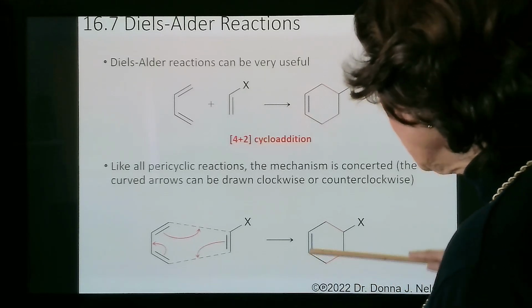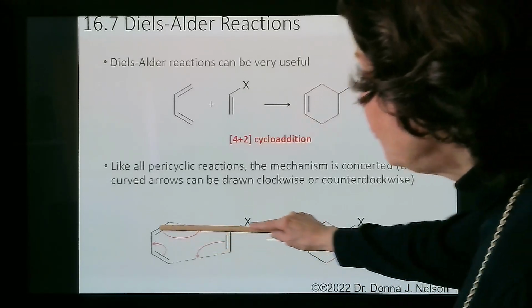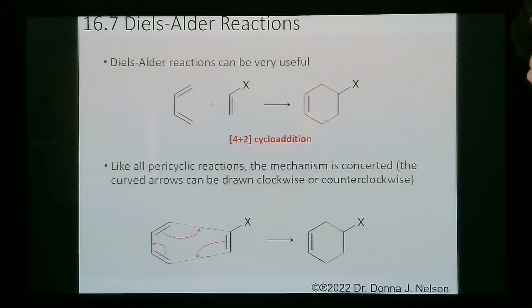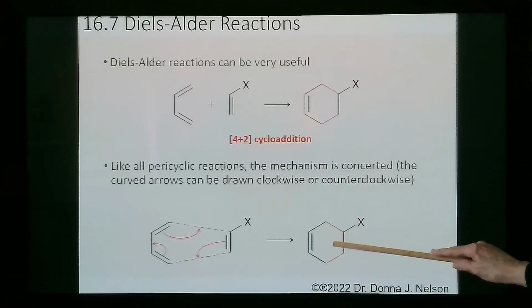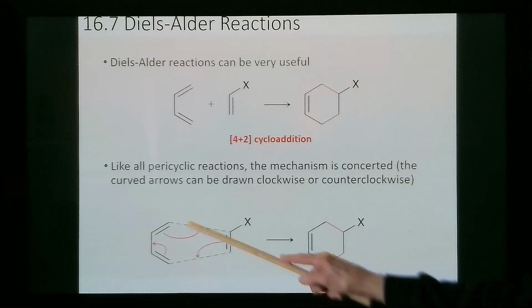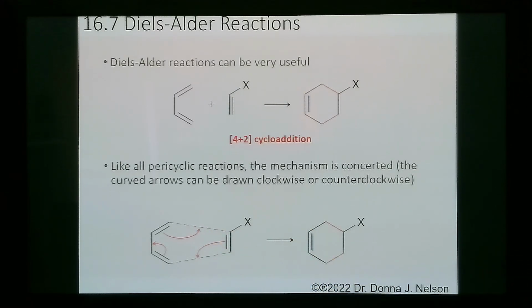The same thing here, you can see it, this pi bond is the new pi bond that is being formed. And here are the two new sigma bonds. It doesn't matter if you draw the arrows clockwise or counterclockwise, they mean the same thing.